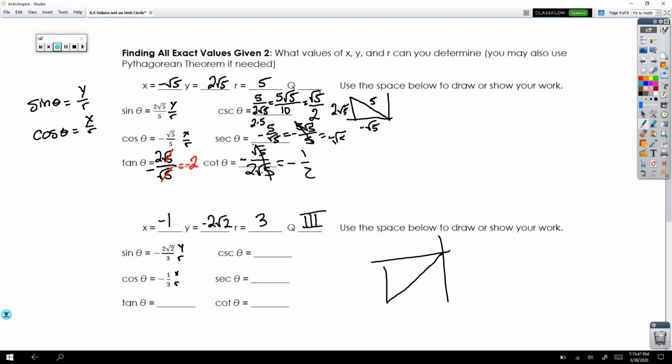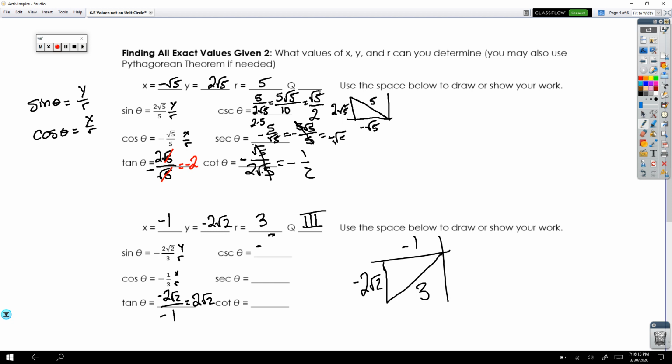So here's my triangle. R is 3. X is negative 1. Y is going to be negative 2 root 2. Alright, so tangent y over x. Negative 2 root 2 all over negative 1, which is just going to be positive 2 root 2. Cosecant r over y.